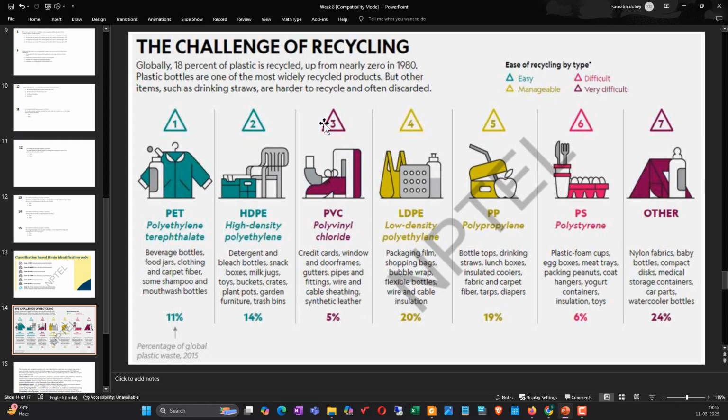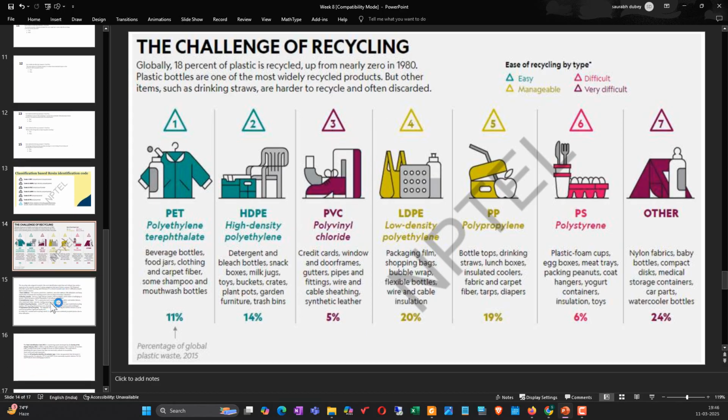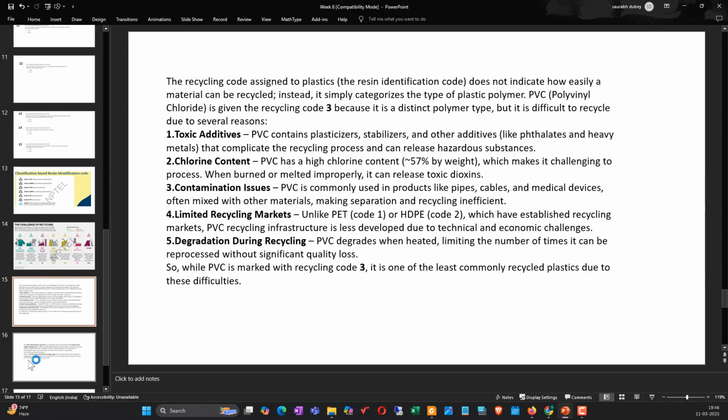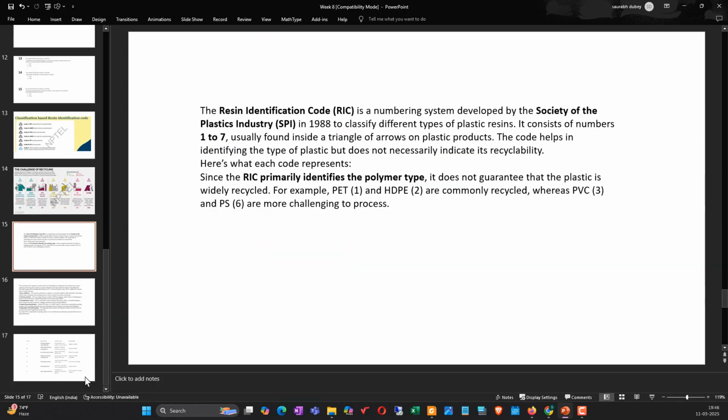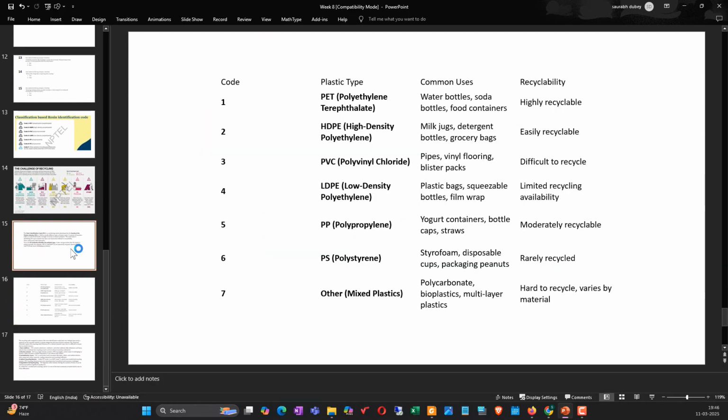But still it is given code 3. It should be somewhere at the end, no? Why is it given 3? So that confusion, what I came across is the definition that I wanted to discuss. Let me just discuss that, then we will be actually going ahead.